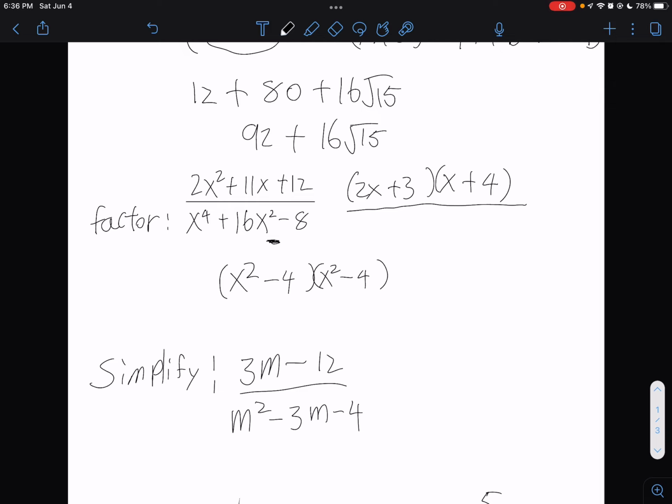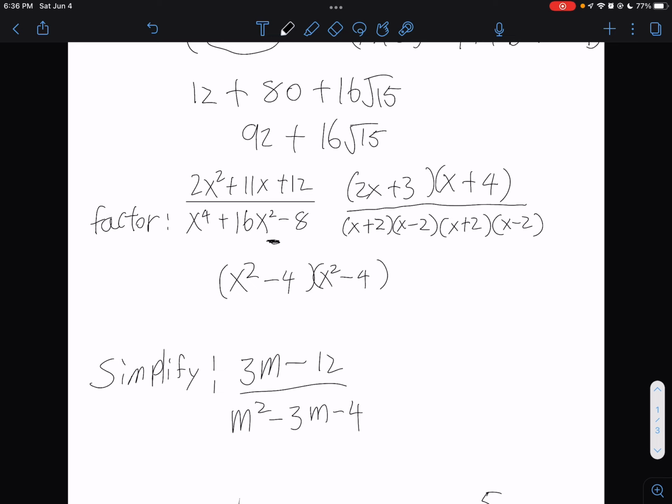And these two are a difference of squares, so we can do some further factoring, which is x plus 2 times x minus 2. There we go.